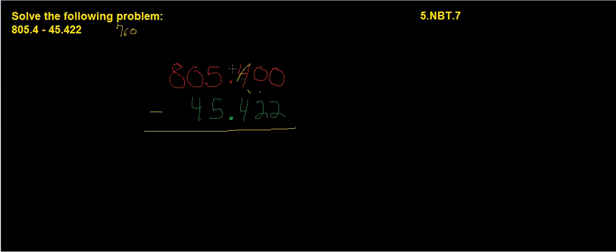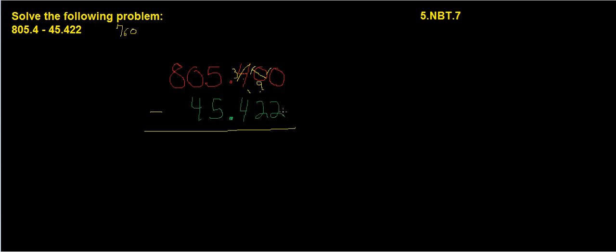So this leaves us with 3 left, 3/10. And we're going to make that tenth into hundredths. So now we have 10 hundredths here. So now we can borrow one of these hundredths, which leaves us with 9 hundredths left, into a thousandth. So now we have 10 thousandths.